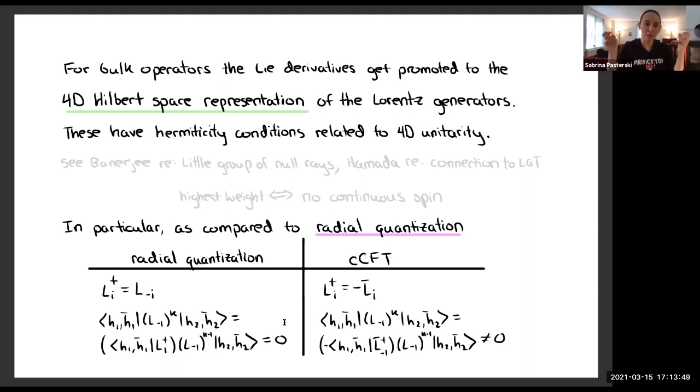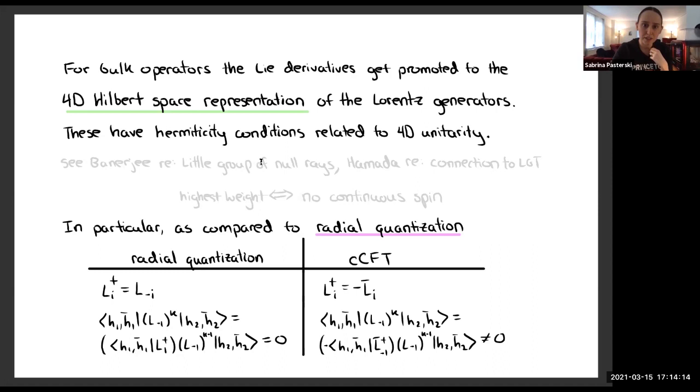And so that's a problem, quote unquote, in the sense that if I have a primary descendant, normally if I take an inner product with another primary descendant, I would get 0, because the Hermitian conjugation is effectively acting on the other primary with something that annihilates it, L1. In celestial CFT, that's not the case. So I can find all these primary descendants, but I'm not guaranteed that they're going to be null.